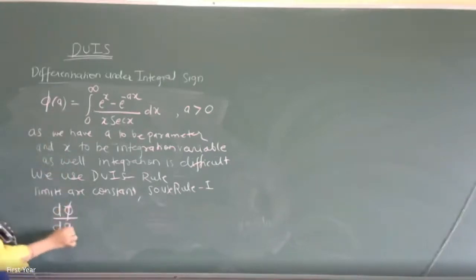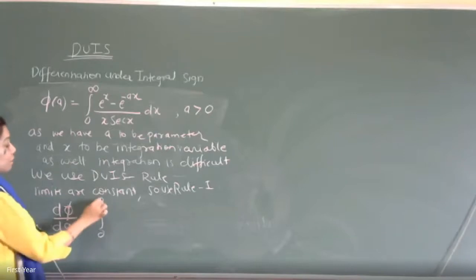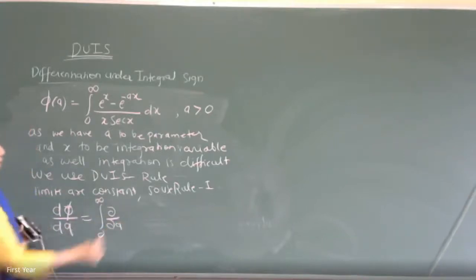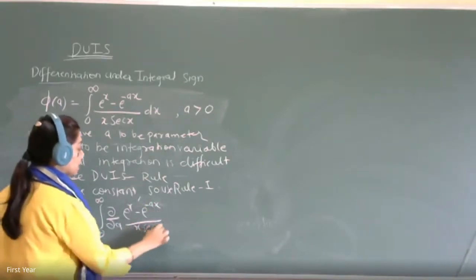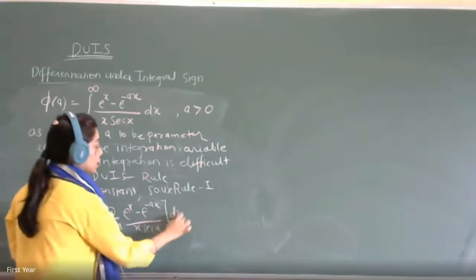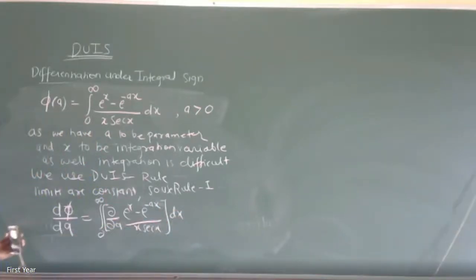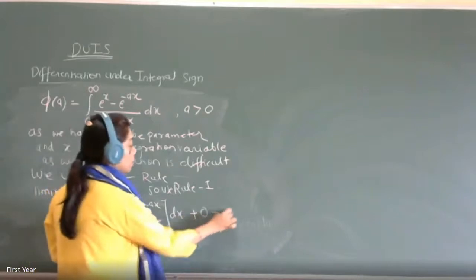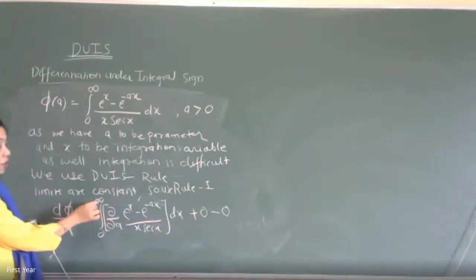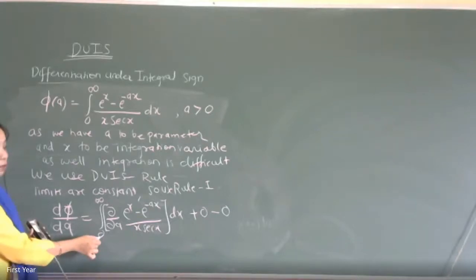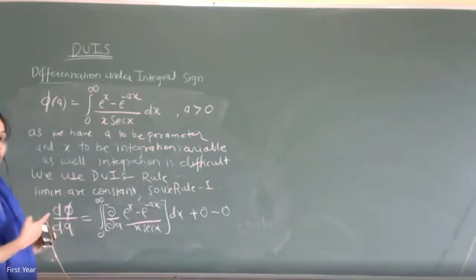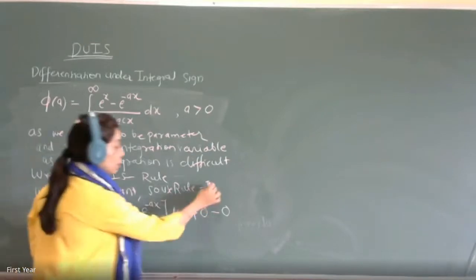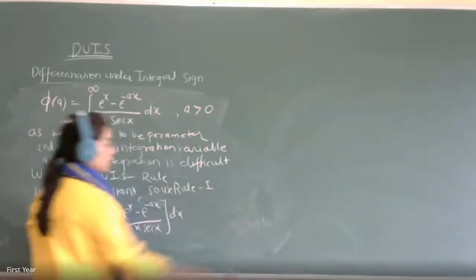A. So d phi by da is equal to the integration from 0 to infinity of delta by delta a of (e raised to minus x minus e raised to minus ax) upon x sec x dx, differentiating first and then integrating. Obviously, the second and third terms are easy, because the derivative of infinity with respect to a is 0, and the derivative of 0 with respect to a is also 0. So I will write plus 0 minus 0. Is this okay? Since I have written rule 1, don't write this.